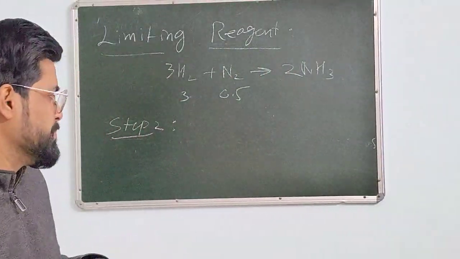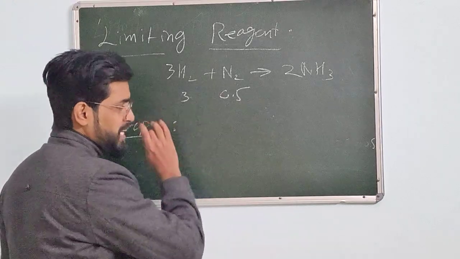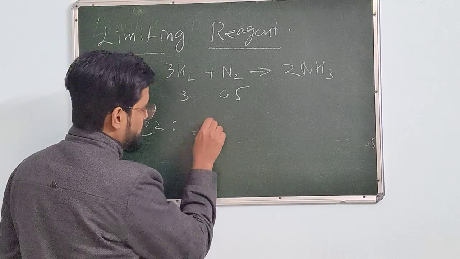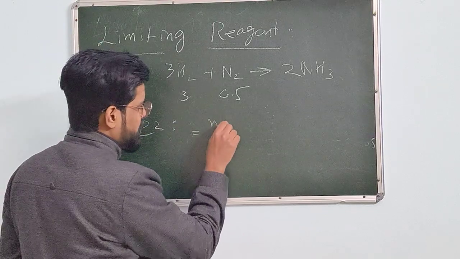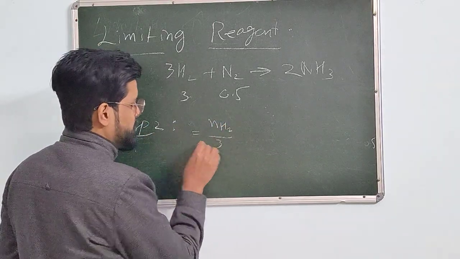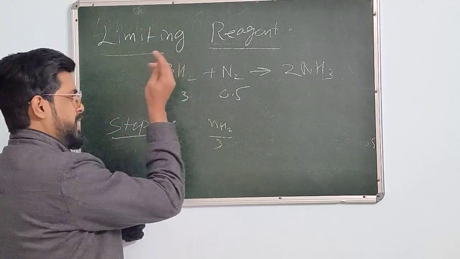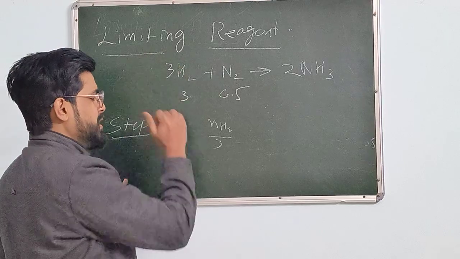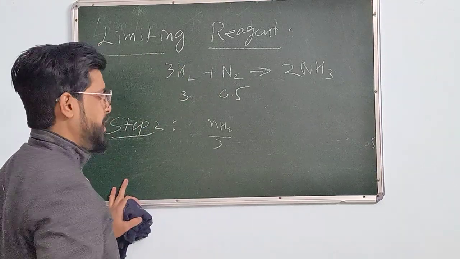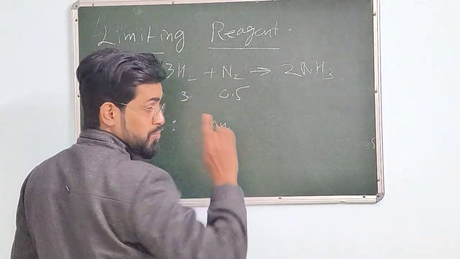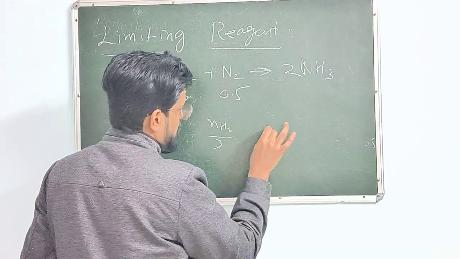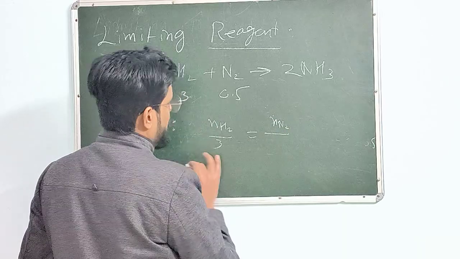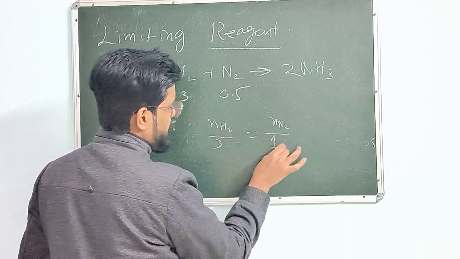First of all, we have to take the ratio. How to take the ratio? Mole of H2 divided by 3. We take the ratio as mole of the reactant divided by their stoichiometric coefficient, for both reactants. Mole of N2 divided by its stoichiometric coefficient.